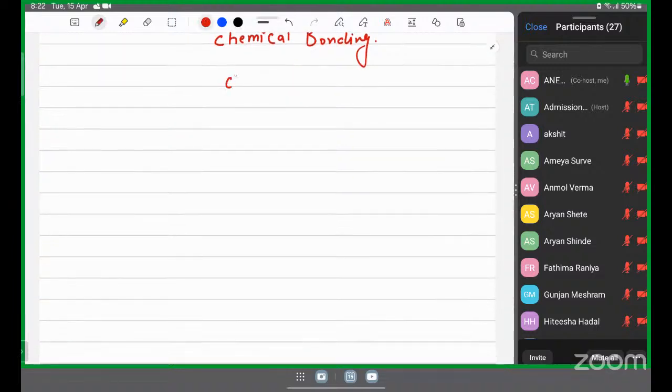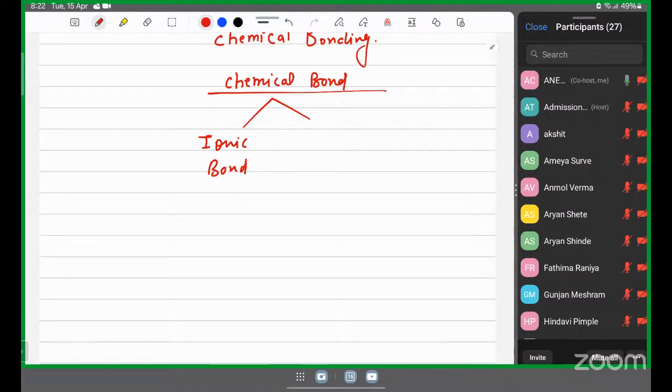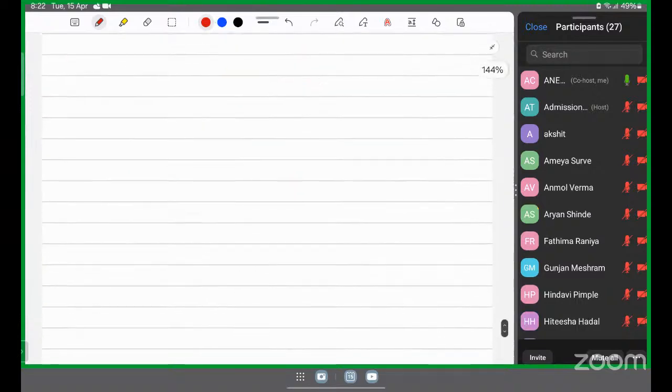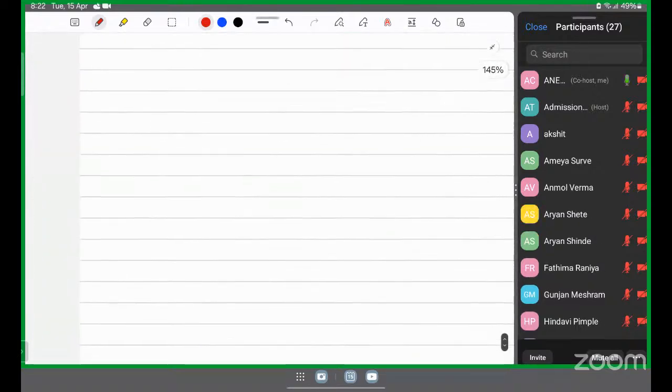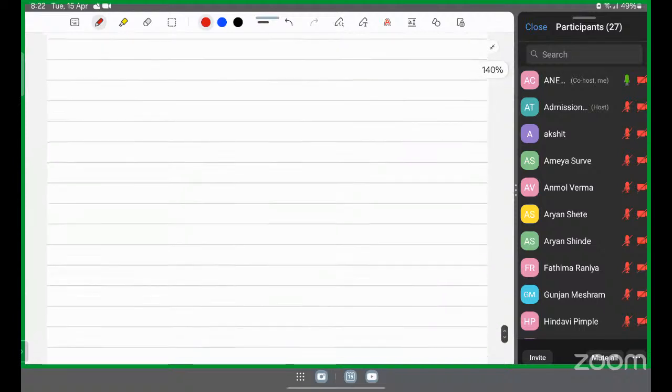Chemical bonds are of three types, or mainly chemical bonds are of two types. First one is ionic bond. Second one is covalent bond. And there is a special type of covalent bond which is known as coordinate bond.